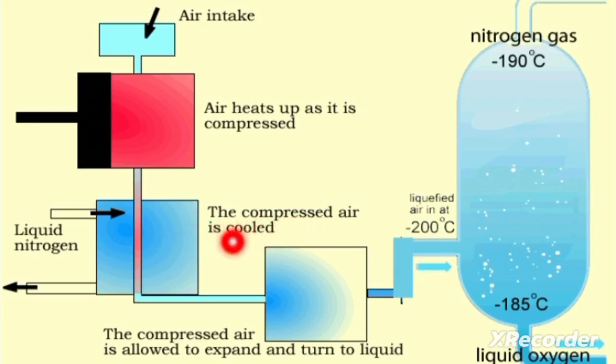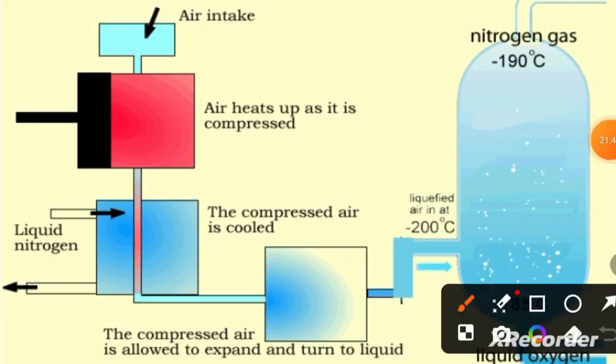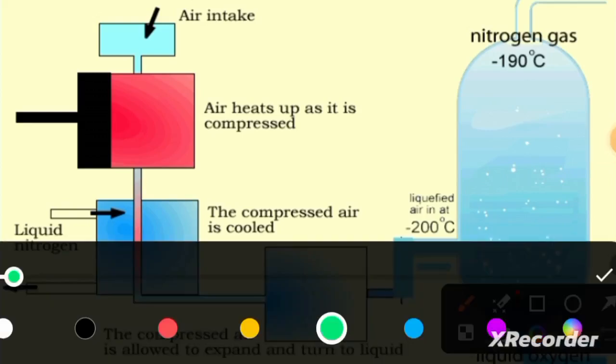So the compressed air is cooled, as we can see here. Then here we can see that the compressed air is allowed to expand and turn to liquid. So the whole process starting from, let me use the most visible color so that we can see what is happening.